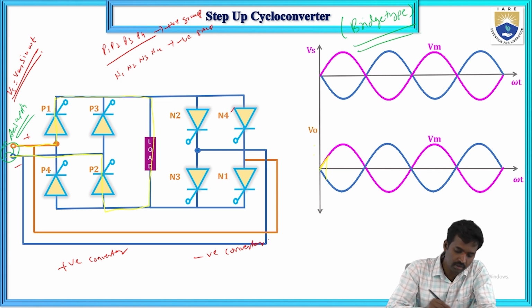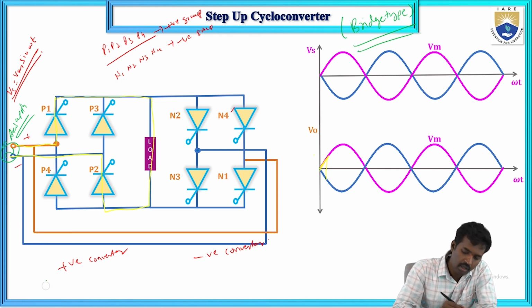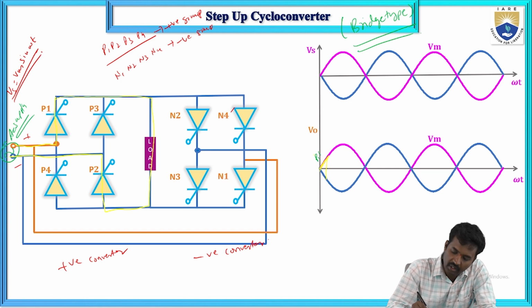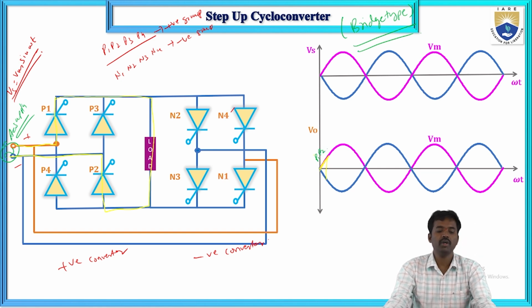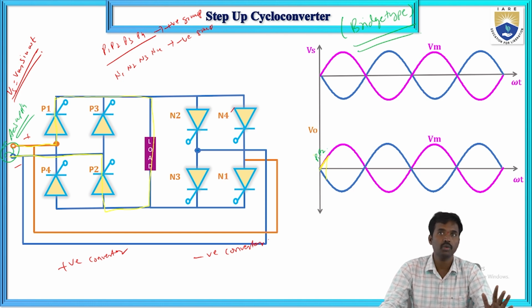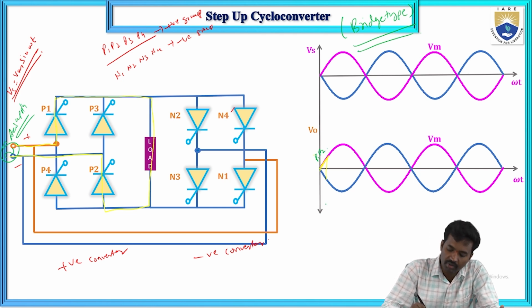P1 and P2 switches will conduct. So when the positive converter group switches conduct, the negative converter switches will be turned off. Now P1 and P2 will be turned off at T1.